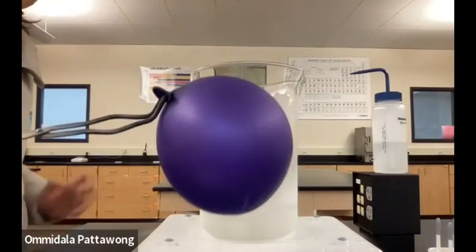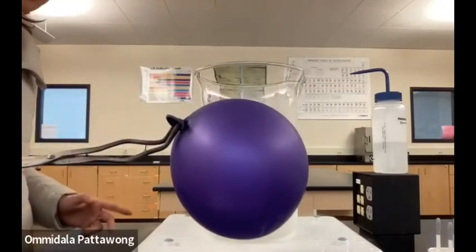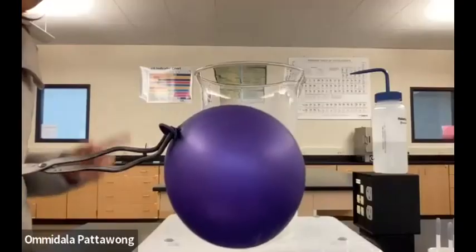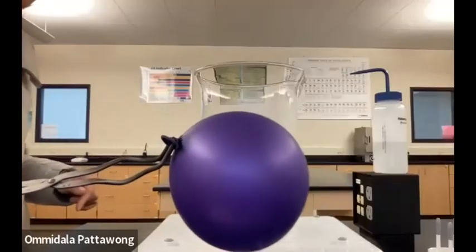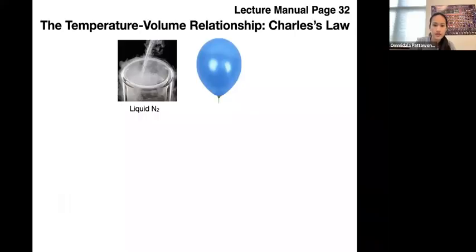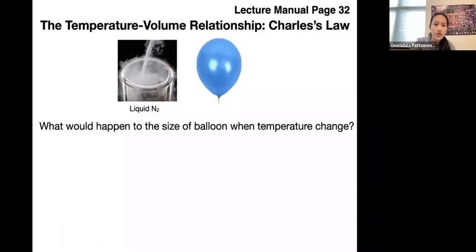Okay, so this lecture video demonstrates the relationship between temperature and volume. As temperature decreased, the volume also decreased. From the lecture demo, you already observed that the temperature of the liquid nitrogen is negative 320 Fahrenheit, so it's really, really cold. As the temperature decreased, you observed that the balloon shrank, so the volume decreased.